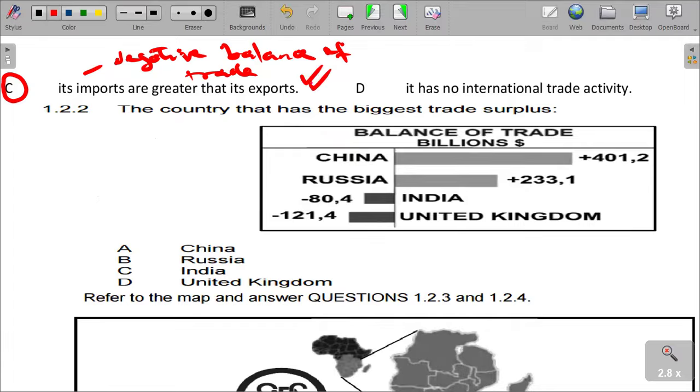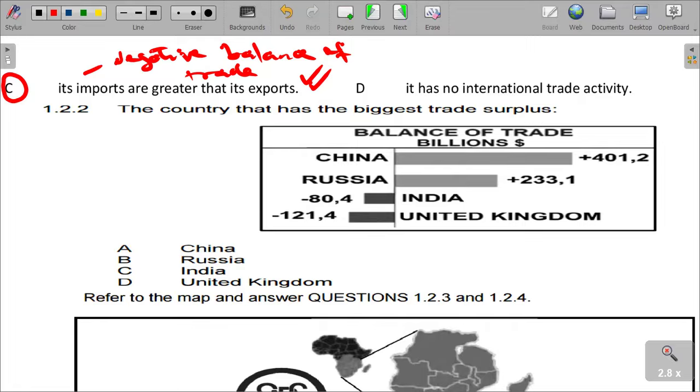And then, the country that has the biggest trade surplus. When we look at this balance of trade in billions, we are given plus 401 billion, plus 233, India minus 80, United Kingdom minus 121.